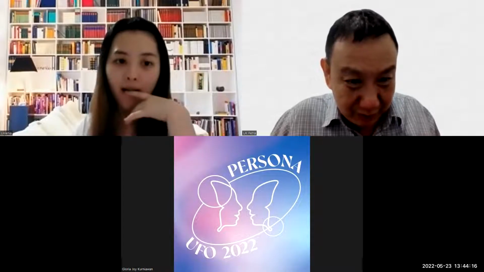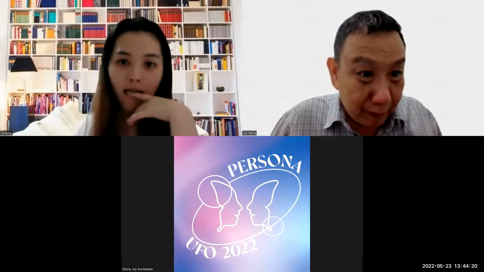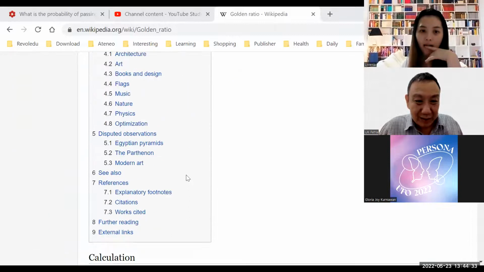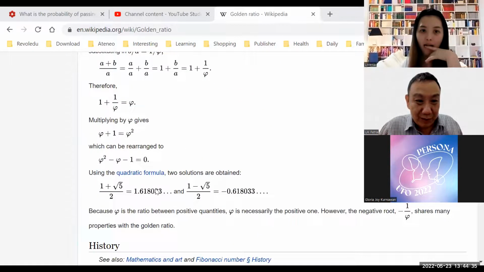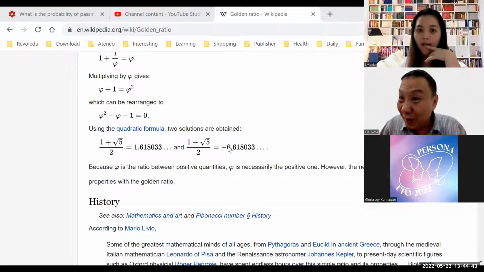I will share the screen. Golden ratio. Actually it is two values, plus and minus. Can you see this? This is the golden ratio. Wow.